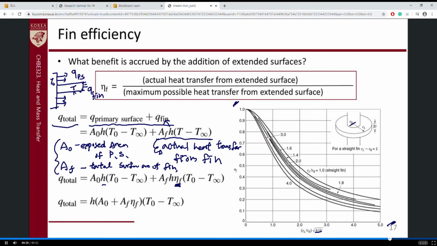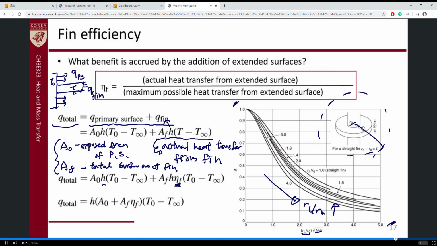So it is very clear that if everything else is the same, the efficiency tends to go down as R_L over R0 increases, which means that as the fin is longer, its fin efficiency tends to decrease, to a lower value, right?